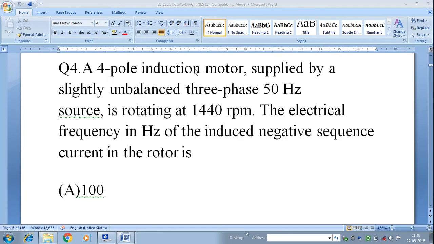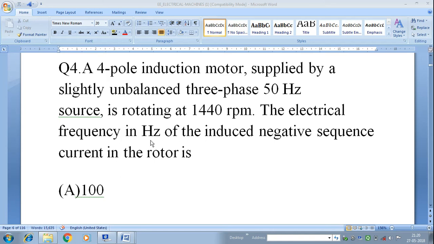So a 4-pole induction motor supplied by a slightly unbalanced 3-phase 50 Hz source is rotating at 1440 rpm.